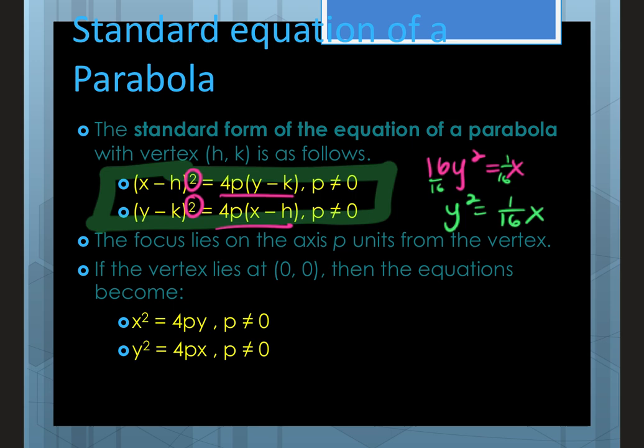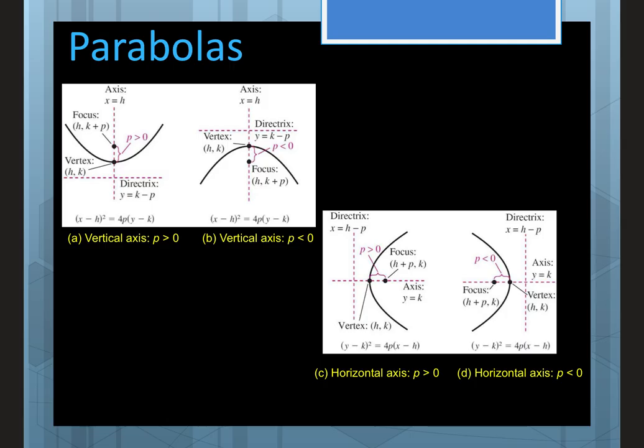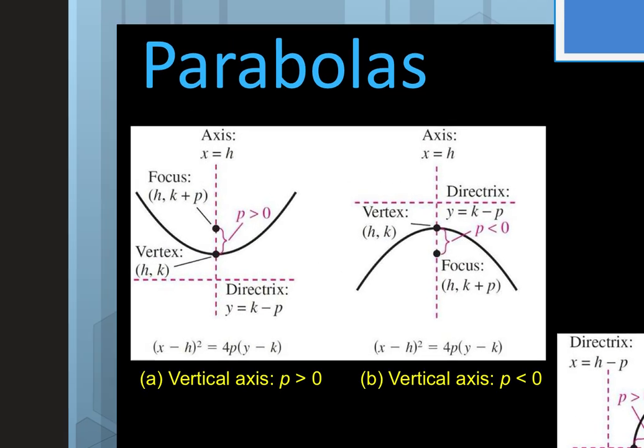The h, k is your vertex, and 4p is the value that's next to it. p represents the distance from the vertex to the directrix and the vertex to the focus. All right, so this is what they look like if they're vertical.